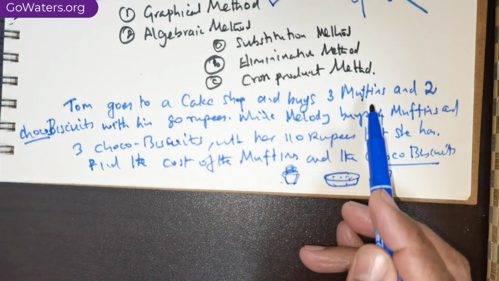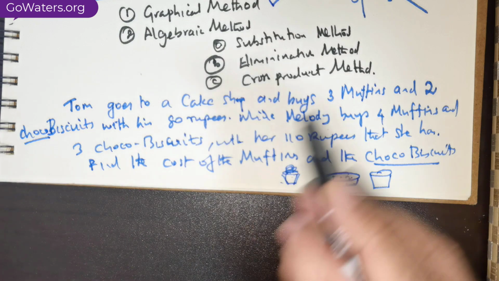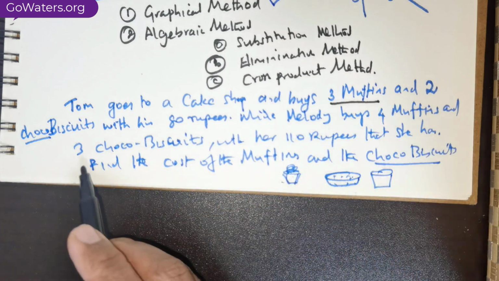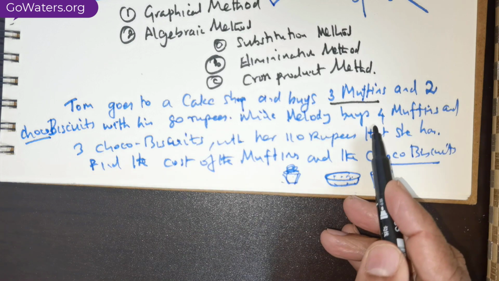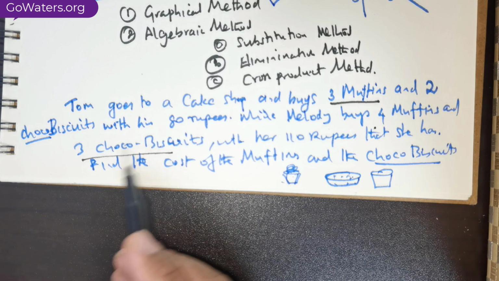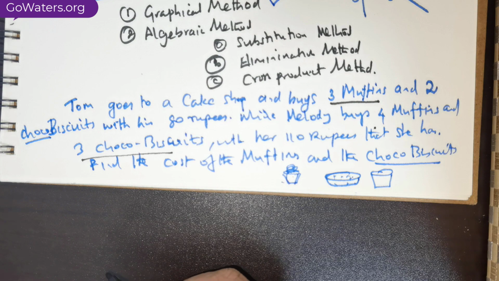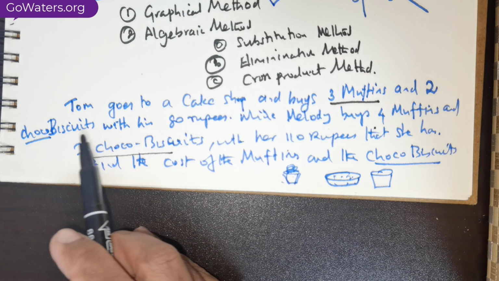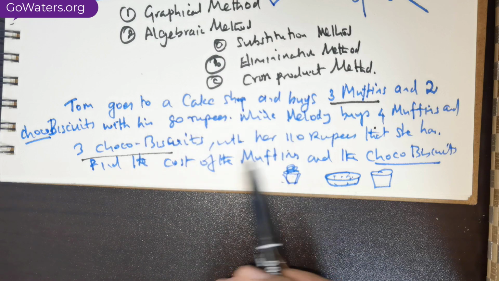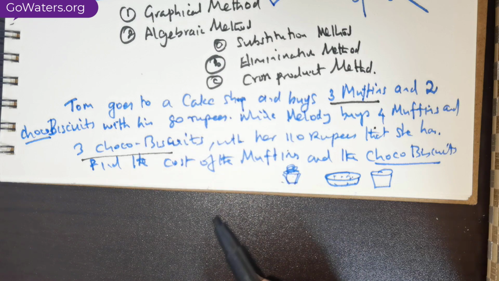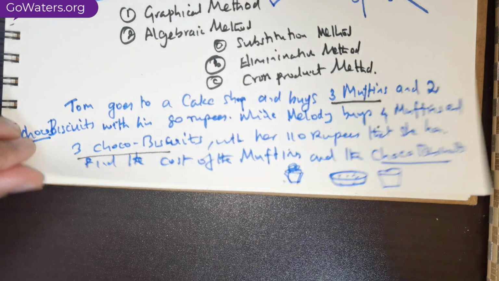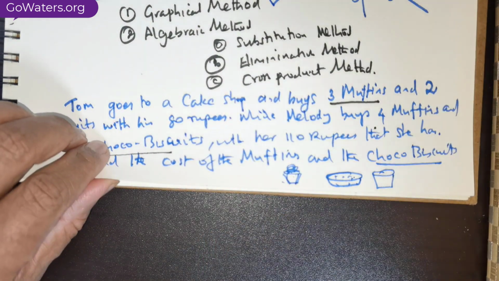So Tom goes to the shop, he gets 3 muffins and 2 chocolate biscuits, 3 and 2, and Melody goes to the shop, she gets 4 muffins and 3 chocolate biscuits with the cost. Melody has got 110 rupees, Tom has got 80 rupees. So we will have to design a system. Let's move to the next page and let's do that.